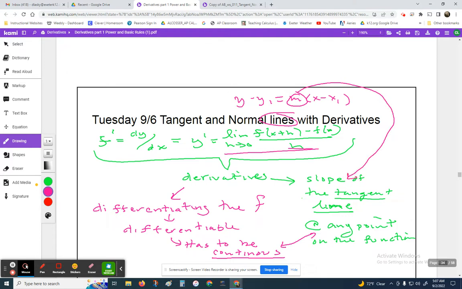Here's the idea of slope. This new idea of slope wraps back up to here. The fact that we're using an equation of y minus y1 equals m times x minus x1, that's how we get our equations of lines. We just got to know what a tangent and a normal line is. And then we just have to decide how to get the derivative so we can get the slope.